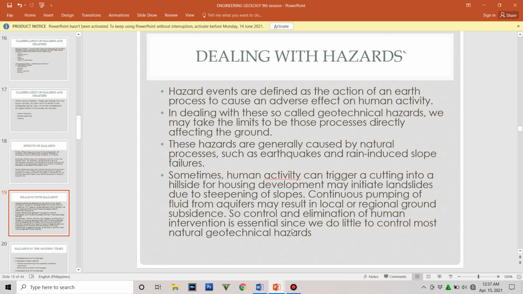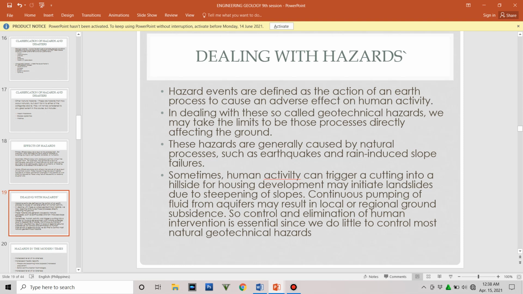Aside from that, hindi naman lahat kaya nating daanin sa engineering measures because sometimes it could be impractical, ano? So if we could not control it, we could eliminate it by assessment and mapping. So by mapping, we could predict and we could forecast the future events and how is the severity of these disasters happening.